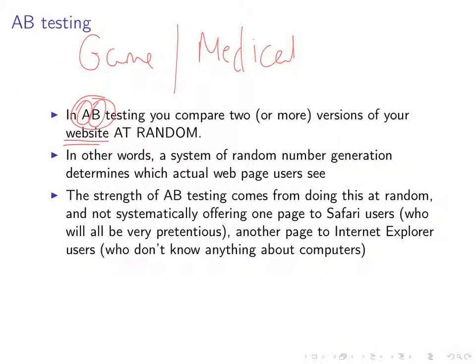You'd be surprised how often you visit a website and the particular web page or images you see have basically been determined under the hood by a pseudo-random number generator. That decides which image or web page you see, and then we can compare systematically whether there is a different pattern in the click-through rates, for example, of people who saw the B site rather than the A site. The key that makes this work is that the A and B treatments are offered at random.